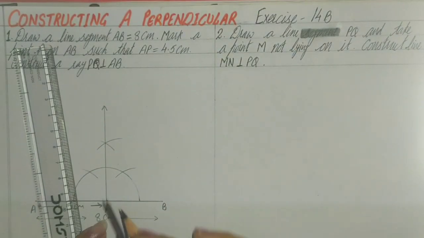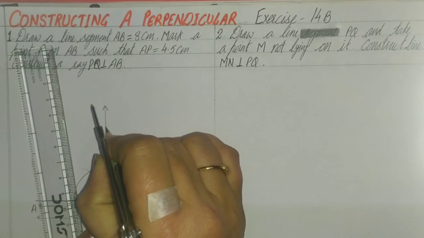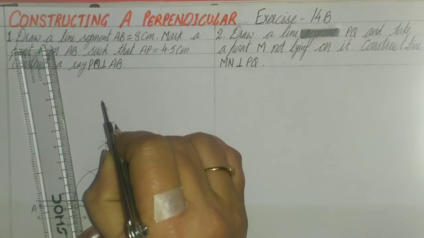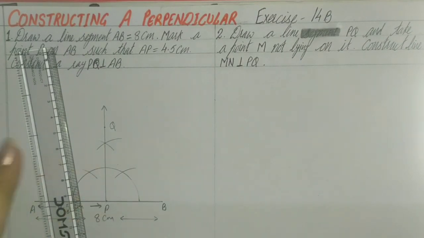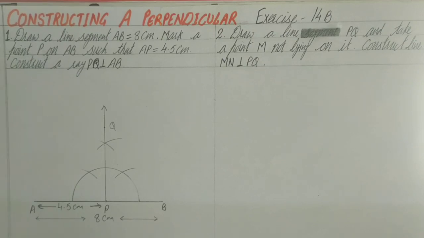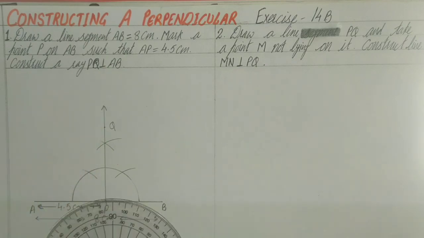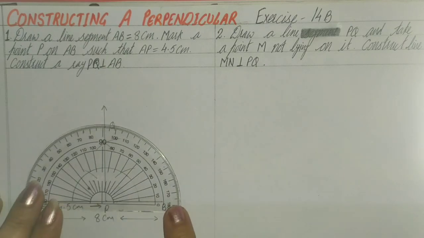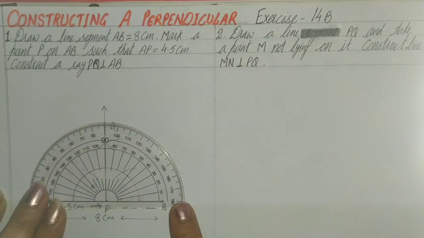So this is PQ. Mark a dot and label it as Q. So here in this figure, as you can see, I have drawn a perpendicular PQ on AB. To check the accuracy, you can use a set square. So check here. It's an angle of 90 degrees.